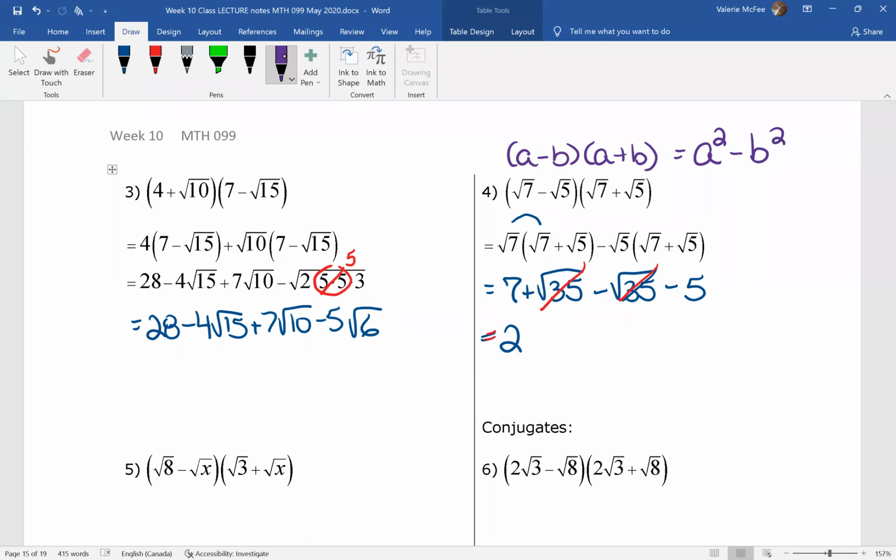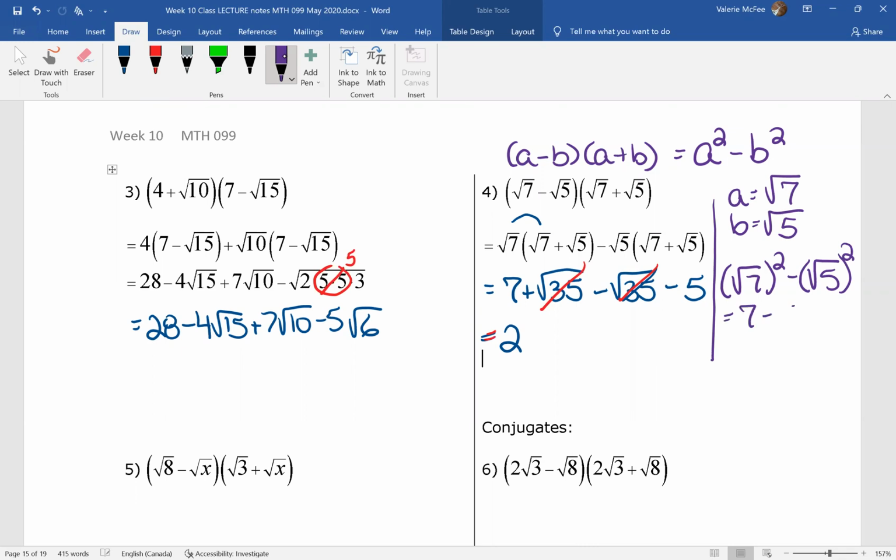Well, let's think about that. If a is equal to root 7 and b is equal to root 5, root 7 squared minus root 5 squared equals 7 minus 5, or 2.